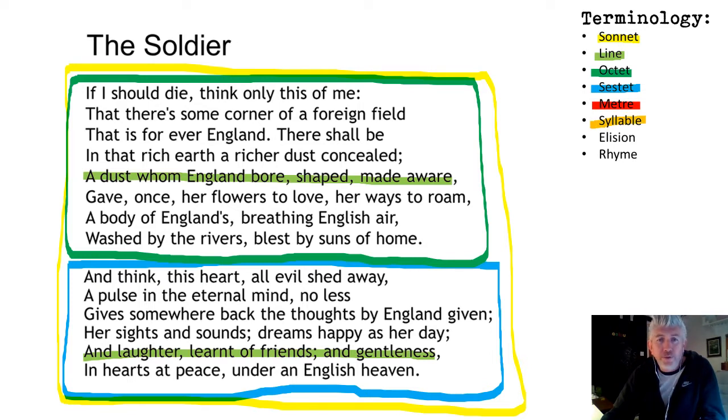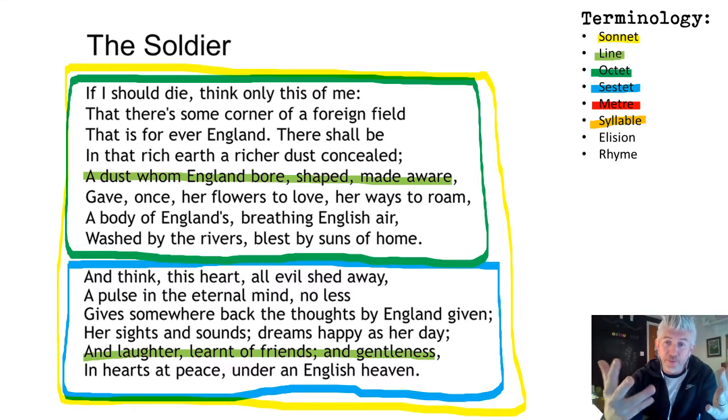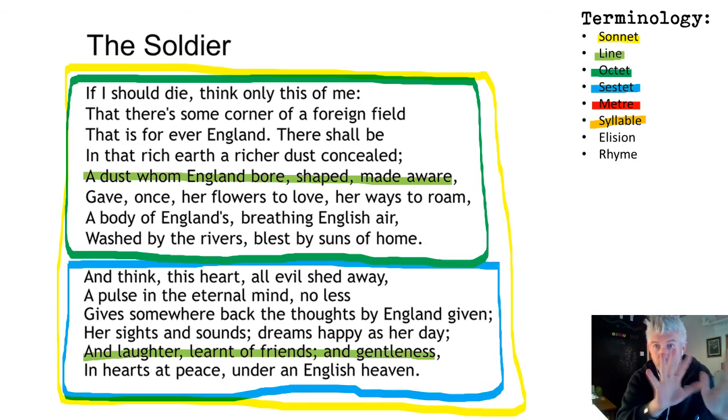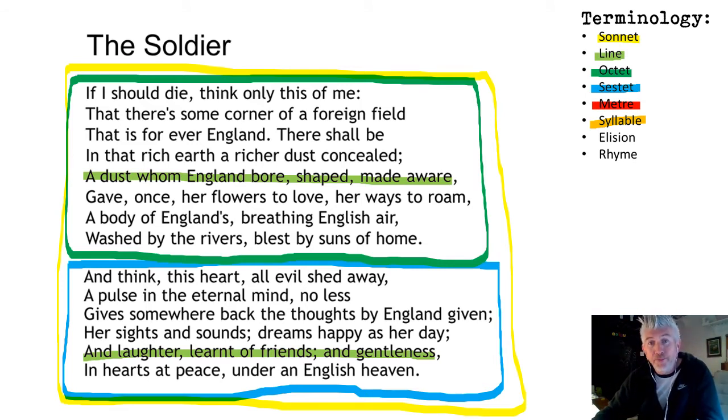So if we look at the first line, 'If I should die, think only this of me', and you count those syllables out, you get 10. That means the meter is called iambic pentameter. Iambic means 2 beats in a foot, and pentameter means 5.